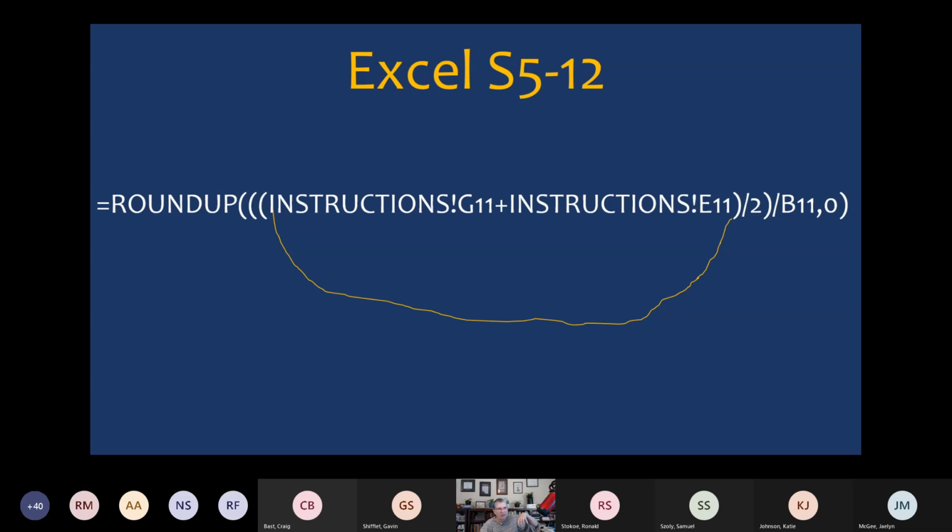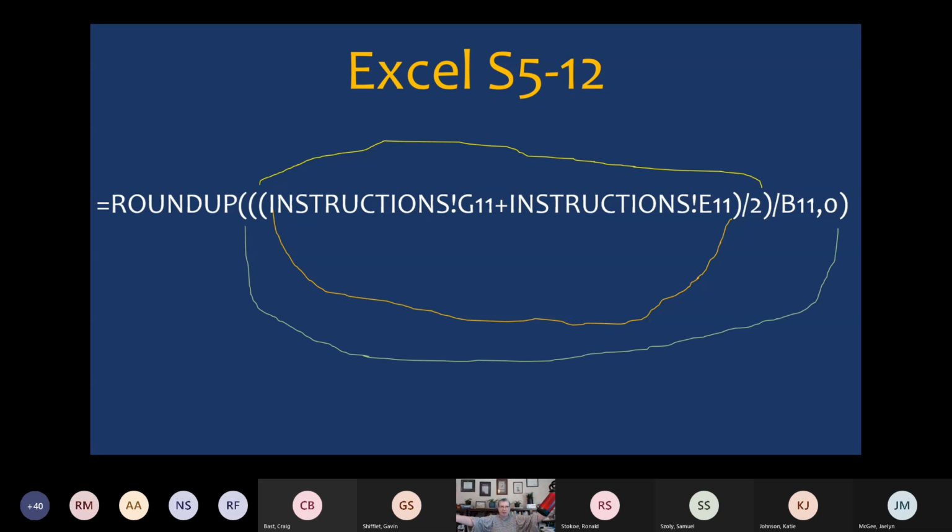That's one set of parentheses. And then the next set of parentheses is dividing by 2 to get the average. And then the last set is saying, okay, we're going to round up this whole thing. So we're going to take our average accounts receivable, divide by our 1 day's sales, and we want to round it up with 0 decimal places.